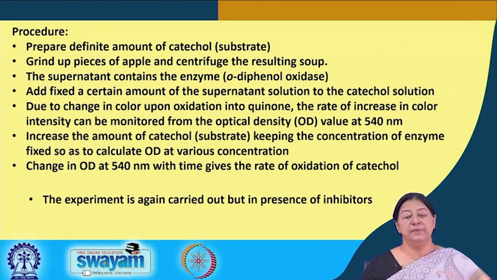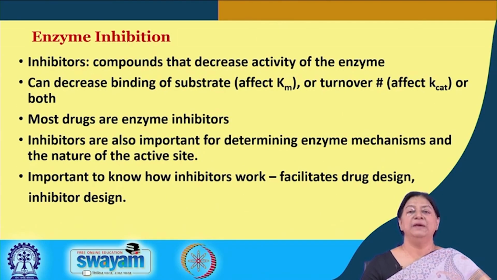Now, this experiment will be carried out again with inhibitors. What do we mean by enzyme inhibition? Enzyme inhibition means that there are inhibitors that will decrease the activity of the enzyme. They inhibit the enzyme activity. So, how can they do this?